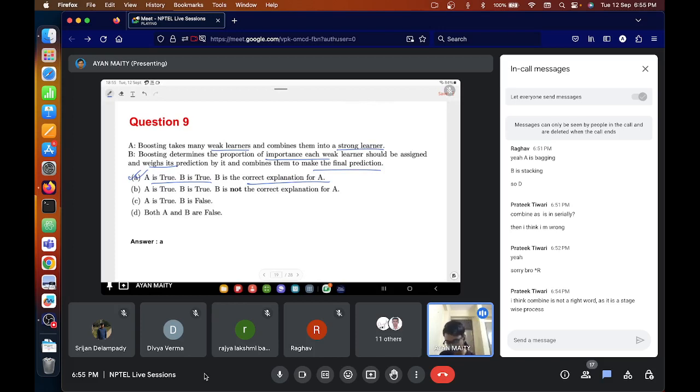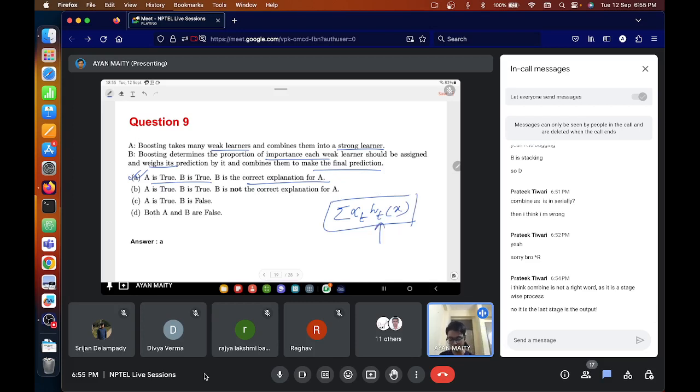This has been shown in the class: if alpha t is the importance for the t-th learner, and the output for the t-th learner is h_t(x), then you have to combine these individual outputs of the learners, and finally you get the output.